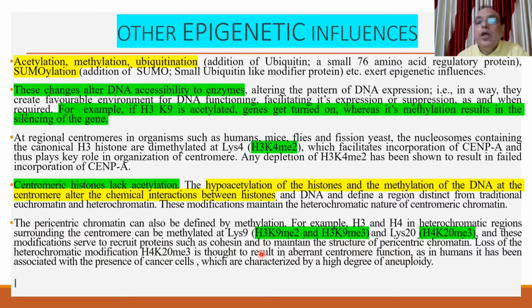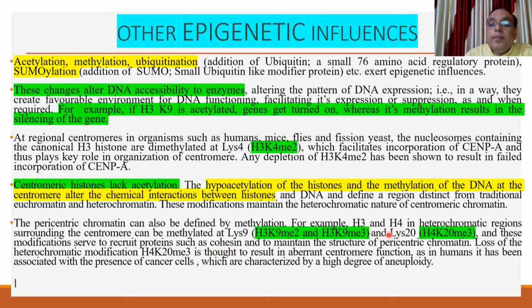Cohesin is the protein which keeps the two sister chromatids attached to each other, and that is why at the primary constriction, at the level of the centromere, the two sister chromatids remain attached to each other. In the diagram we have seen in the third or fourth slide of the first part of the lecture on the centromere and segregation fidelity.